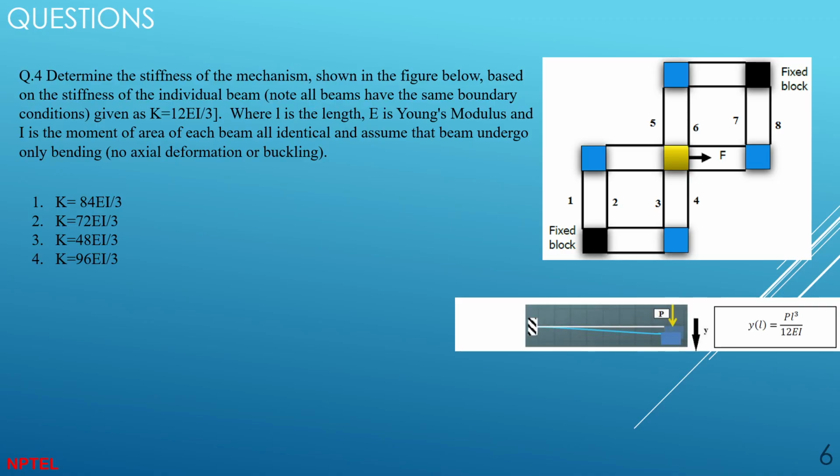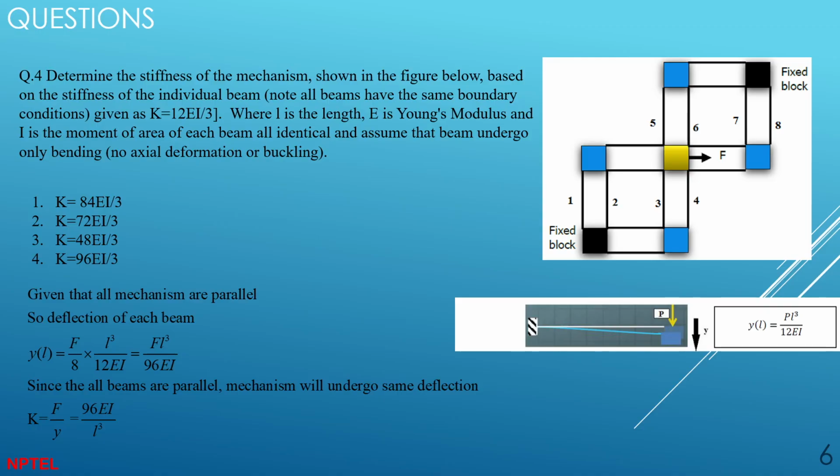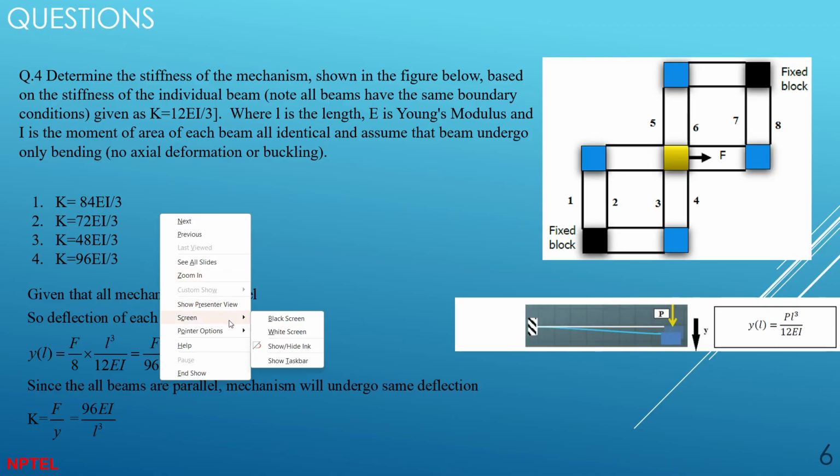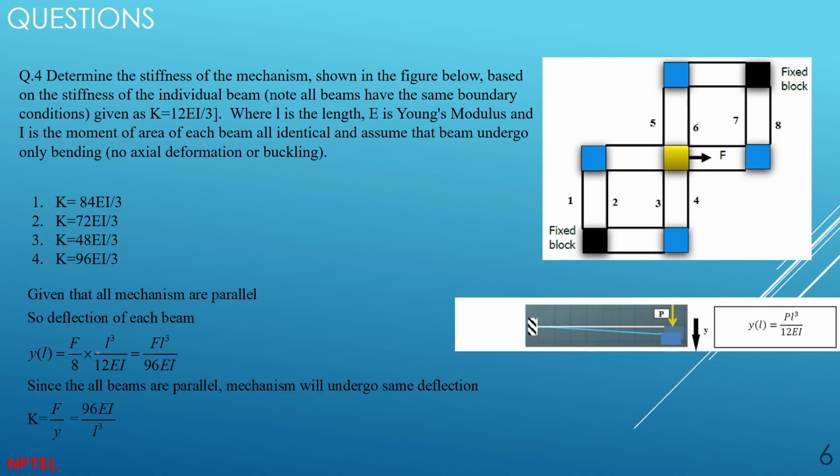Then you can use this formula: y is equal to F by k, where k of each beam is given to you. I'm talking about the deflection on each beam.